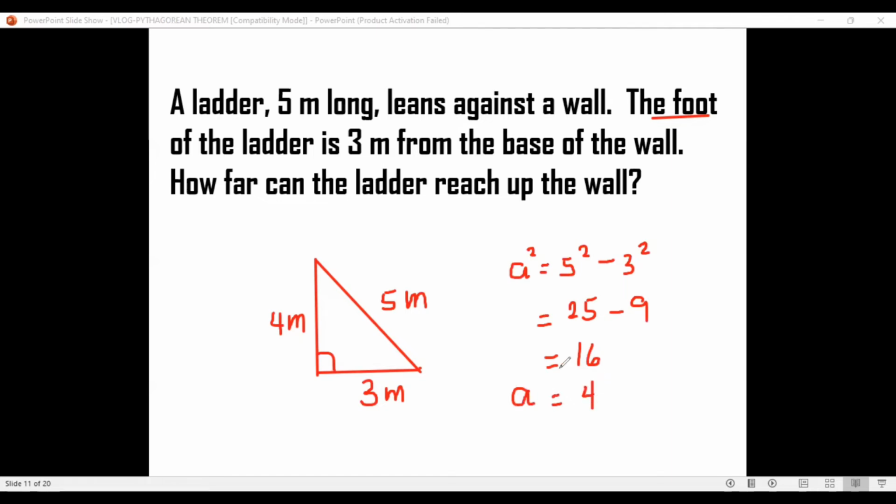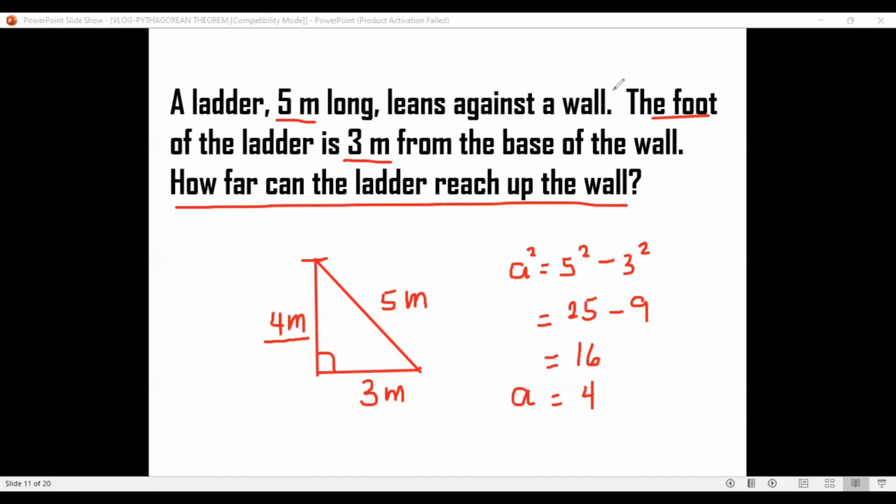And since the unit of measure being used is meters, we just have to write that also. Okay, and that is how high. Okay, so the question here is how far can the ladder reach up the wall? So that is now 4 meters.